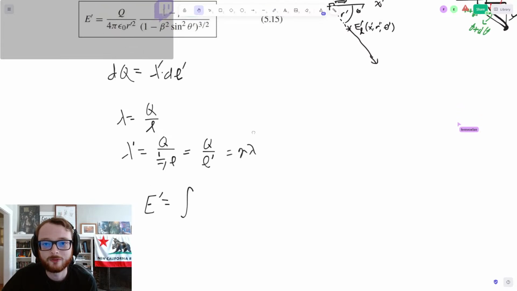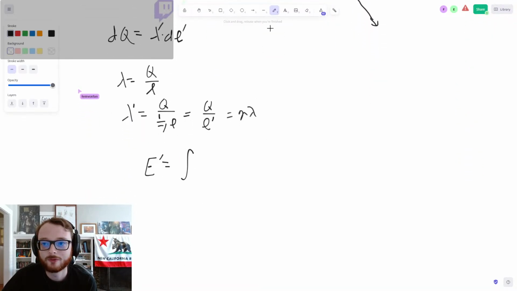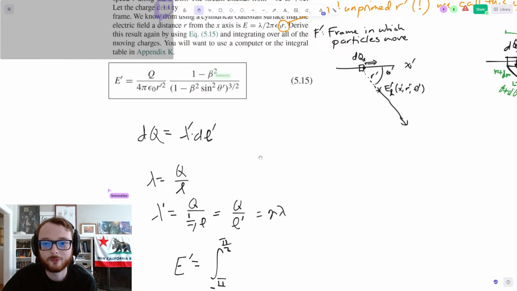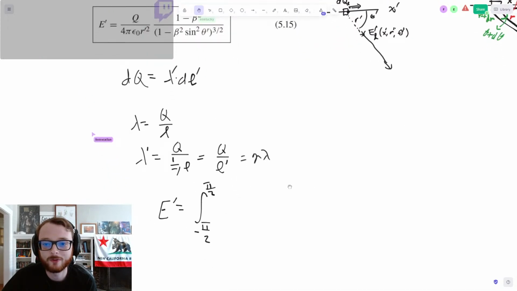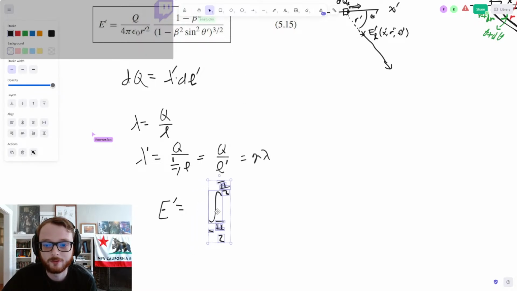E prime is going to be equal to minus pi over 2 to pi over 2. So Q is going to be the thing that I'm just going to put a 1 there for the Q, or we'll put the Q off to the right. 1 over 4 pi epsilon naught can come out front. 1 minus beta squared can come out front.